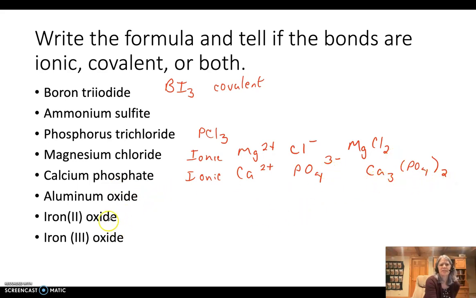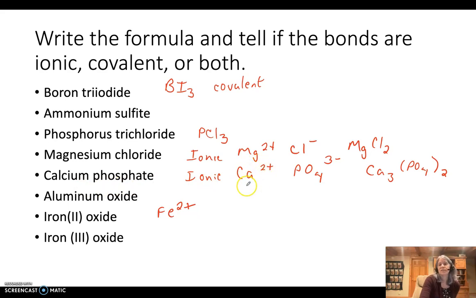Okay, how about this one down here? Iron 2 oxide, right? Iron is a transition metal. And even if we didn't look at the periodic table and know that, when they give us the Roman numeral in parentheses, what that's telling us is that that is a +2 cation, iron 2, right? It's also telling us that's a transition metal, because for the other cations, like calcium, we didn't have to designate that it's +2 because it's not a transition metal.